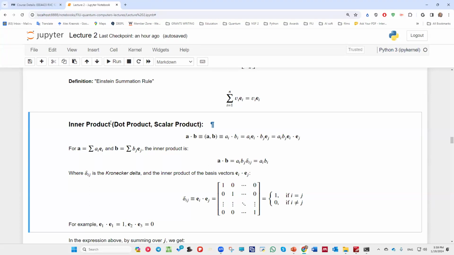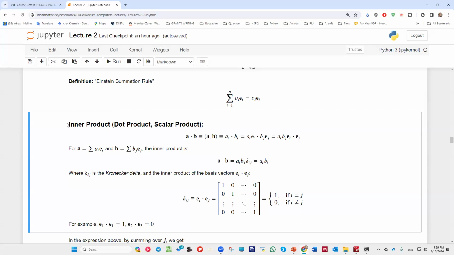I can subtract and add vectors to one another, and this creates another vector in this space. And of course, I can take the product of a vector with another vector. There are three types of product.